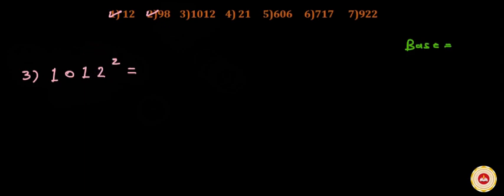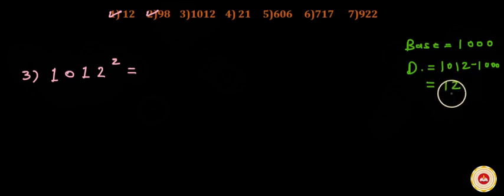It is 1000. 1000, right? Now what is deviation? To calculate deviation, subtract this nearest base from given number only. So 1012 minus 1000 is equal to 12, positive 12. This 12 is deviation for given number 1012.